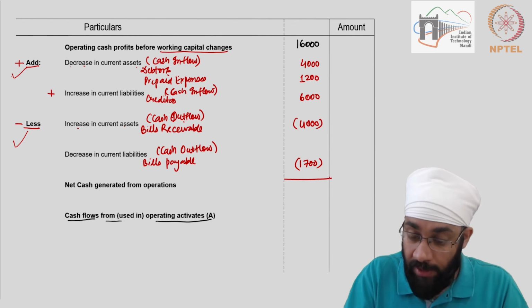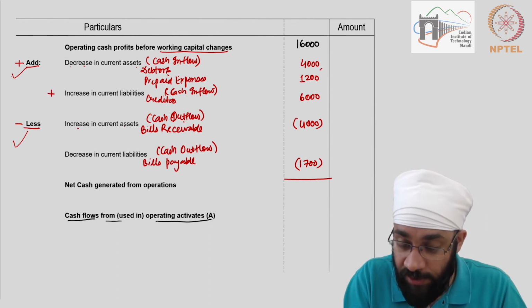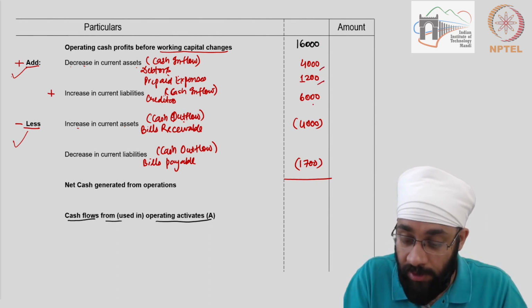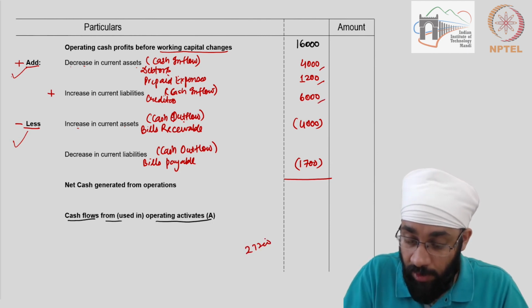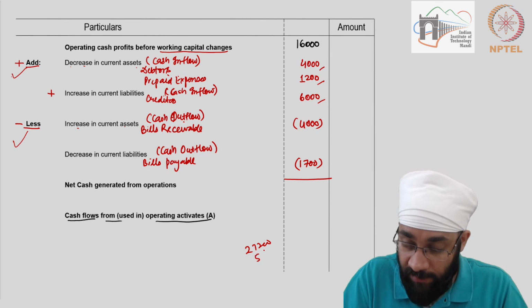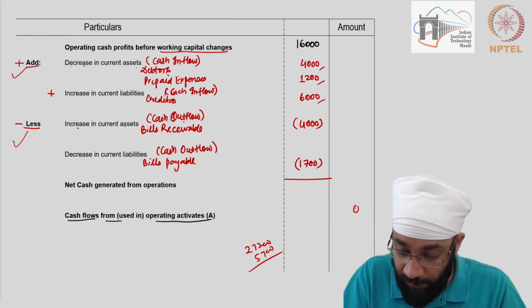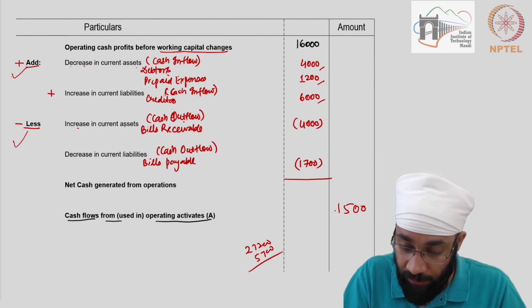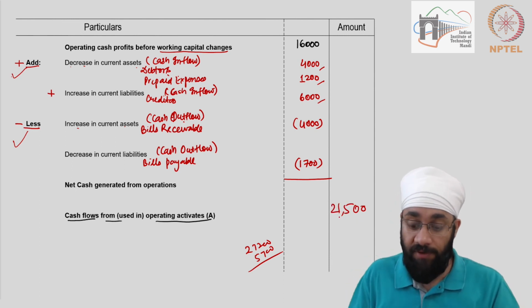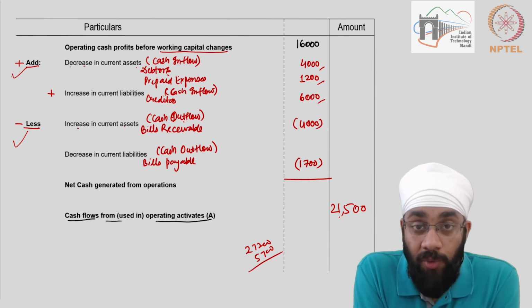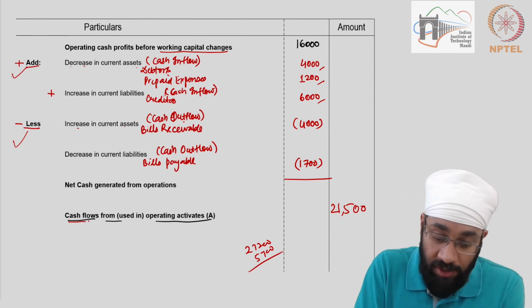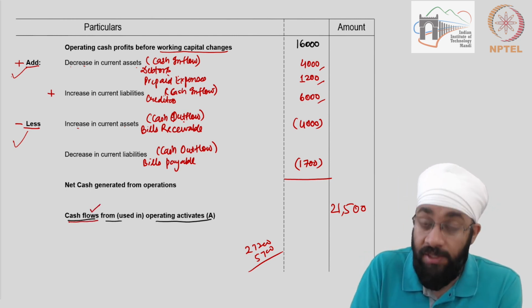So here all we have to do is sum this up. This is 20,000, this is 21,200, this is 27,200. Now you deduct from this 5,700 and you have your cash flow from the operating activities. This comes out to be 21,500. Hoping the math is correct. 21,500 is your cash inflow because this is a positive number.